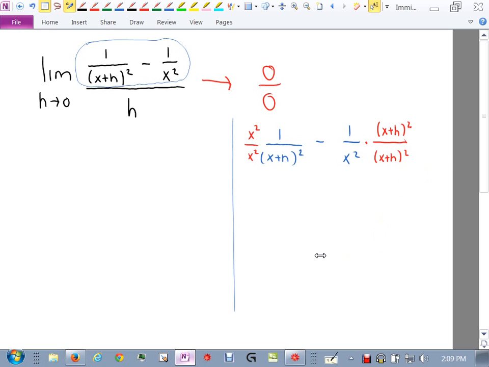That's about all I can do. They'll both have the same denominators, but the numerators will be a little different. So I should be at x squared over x squared times x plus h squared, minus x plus h squared over x squared times x plus h squared.